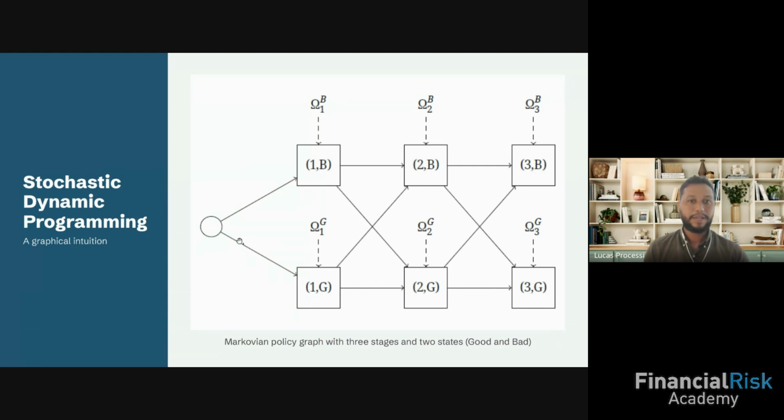In this case. So in step 1, we could be in a bad state, or we could be in a good state. And then in step 2, we can transition to a bad state, or we can remain in a good state, right? And in all these states, we have different probability distributions for the risk factors.